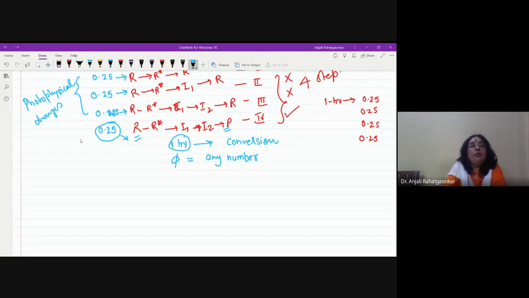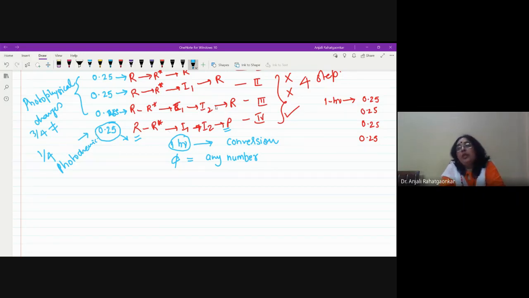Only one-fourth of the energy brings a photochemical change, while three-fourths is not useful to us and is unable to convert the reactants into the products.